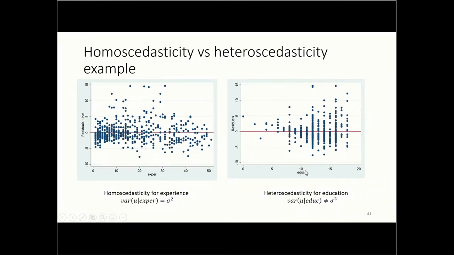However, for our independent variable education, you see how for low values of education, the residuals' variance is small, but for high values of education, the residuals are high. If we see something like that, this means an increasing variance. Later on, we would show how to correct for this heteroscedasticity. But for now, assumption 5 is homoscedasticity. We assume this case and not the case where we have increasing variance, or variance of the error term not being constant based on the values of the independent variable.